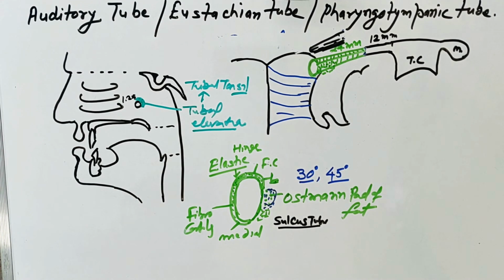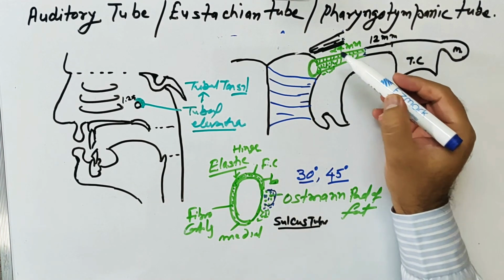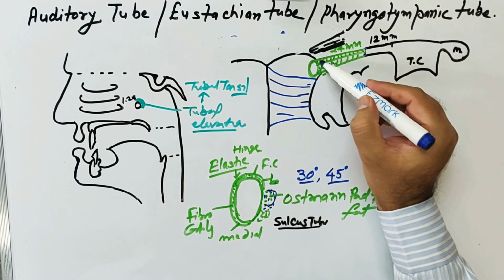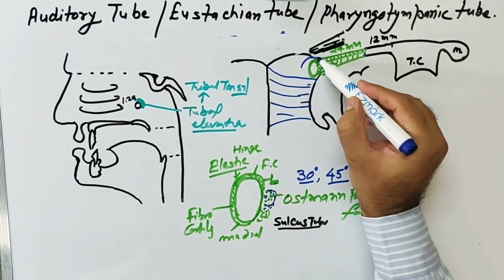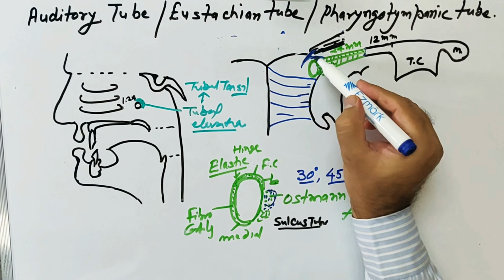If you see the muscles attached to this, there is one muscle which is attached to the lateral lamina. This is the lateral lamina from here. This muscle is also attached to the petrous temporal bone.